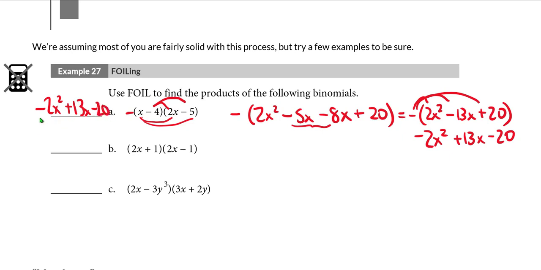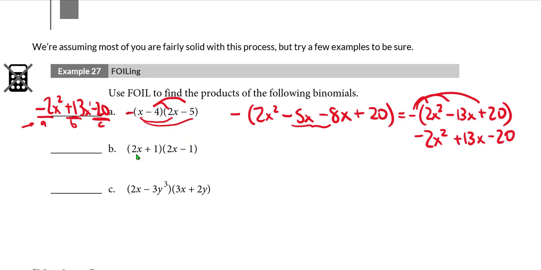And I can now see that my a is negative 2, my b is 13, and my c is negative 20. Being able to recognize that your coefficient in front of the x squared is the a, the coefficient in front of the x to the first term, the linear term, is the b, and your constant out here is the c, will become important on certain questions, especially the matchup questions that we're about to talk about.